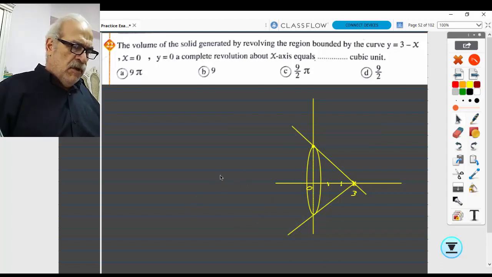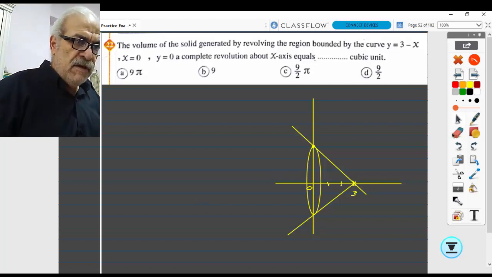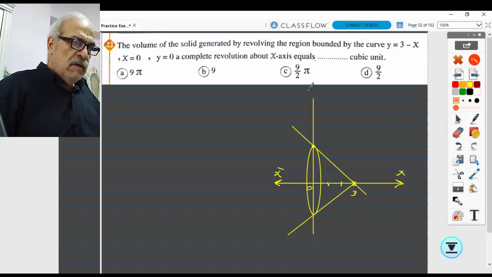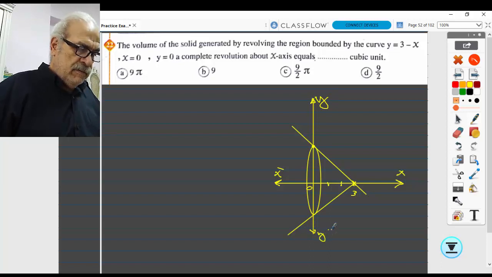But of course we'll use integration. The integration will be from 0 to 3, because here we have the revolution about the x-axis.